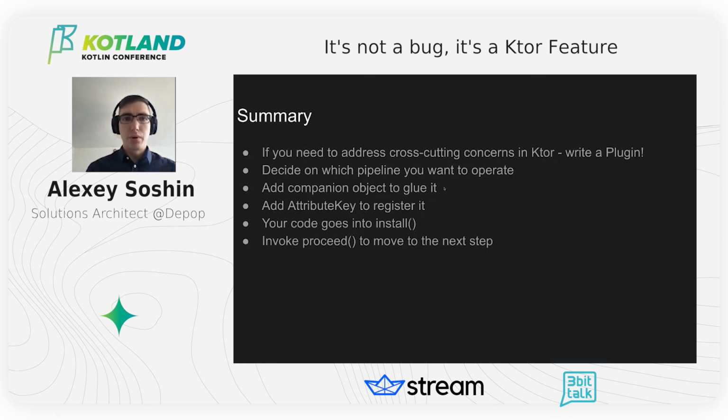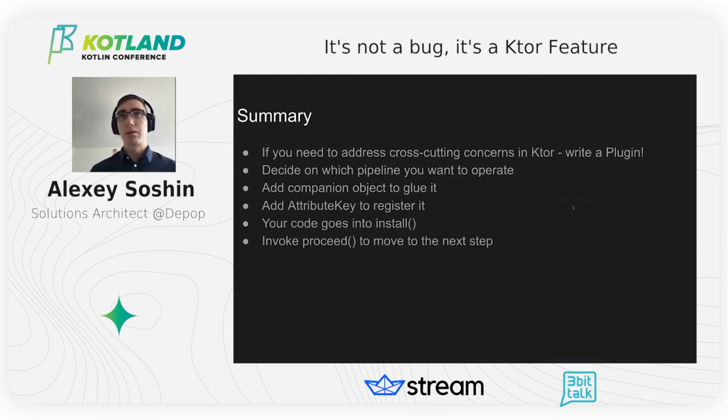When you decide to create your own plugin, you need to first decide on which pipeline to operate. Each major feature has its own pipeline with its own phases. Then you add a companion object with a key property to register the plugin and an install method that wraps the correct pipeline at the correct stage and returns our plugin.